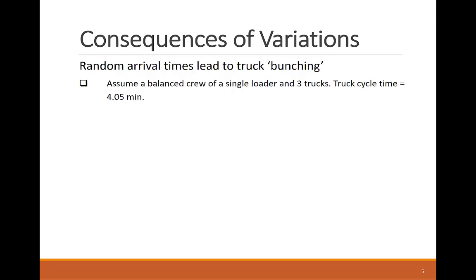Let's explain this phenomenon through an example. Assume a balanced crew of a loader and 3 trucks, and the truck cycle is 4.05 minutes. This means that the best production will be achieved if the time between the trucks is kept perfectly at 1.35 minutes to have the loader 100% utilized and continuously loading trucks.